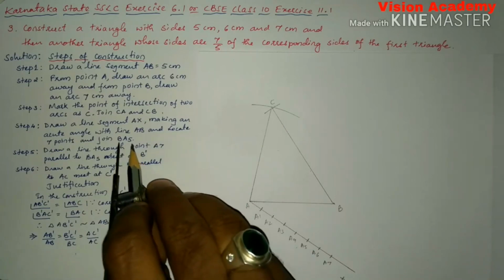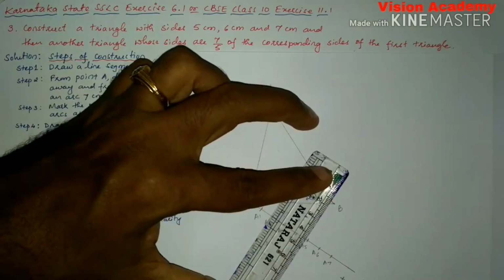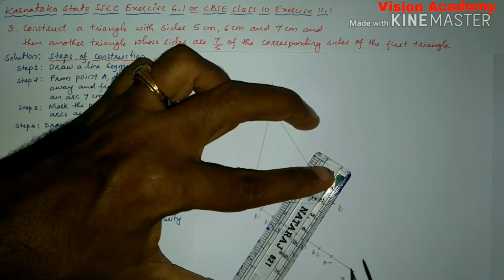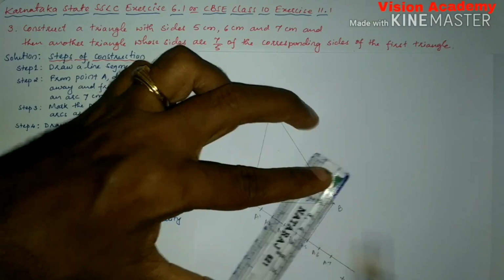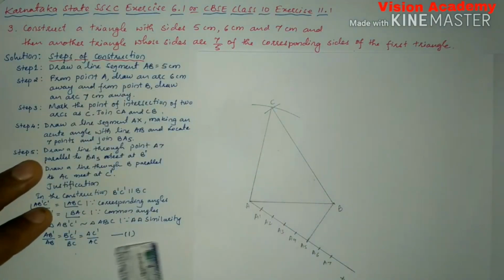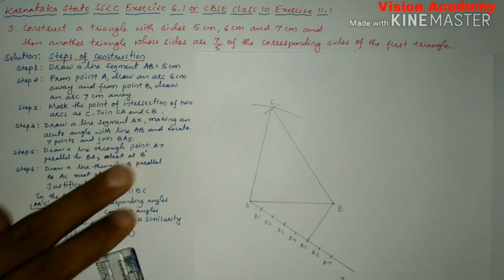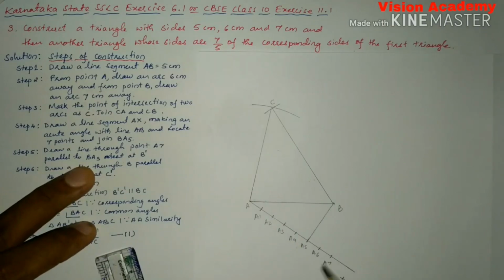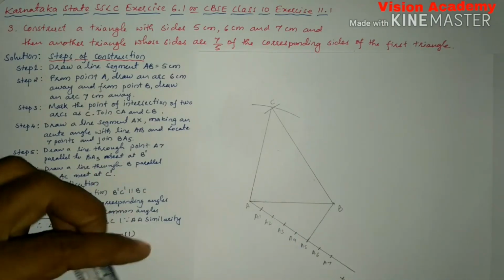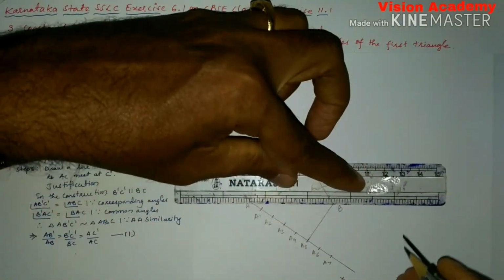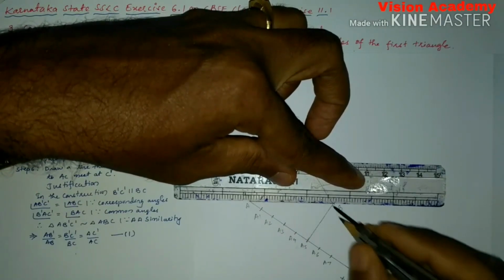Now in the fourth step they have given join BA5. So let us join A5 and B. Next, step 5. Draw a line through point A7 parallel to BA5. So from A7 we need to draw a parallel line. So let me extend this line AB so that we can draw the parallel line from A7 to B dash.